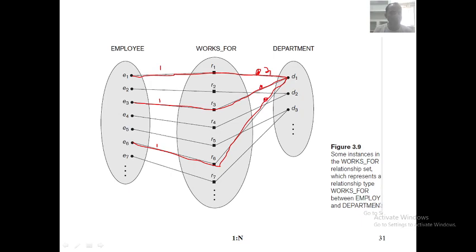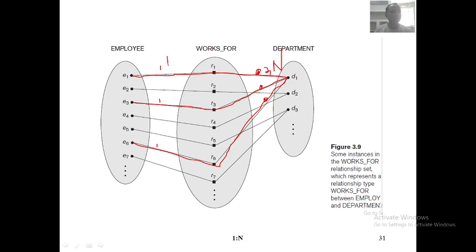What is the cardinality ratio? See, employee works for department. In each department there are more employees. Hence, the cardinality ratio is 3 here in this example. If you take the CS department, there are more than 10. So here the cardinality ratio is n and here it is 1.